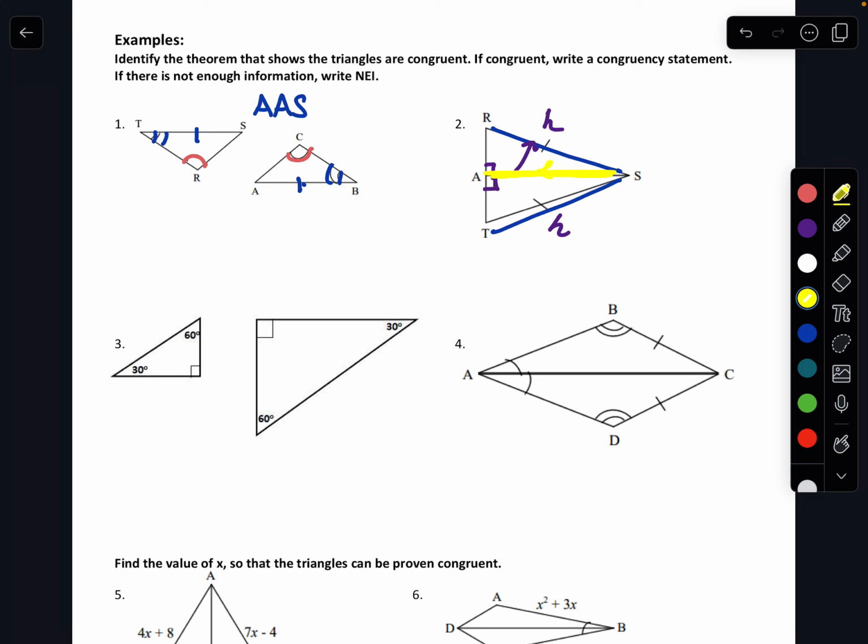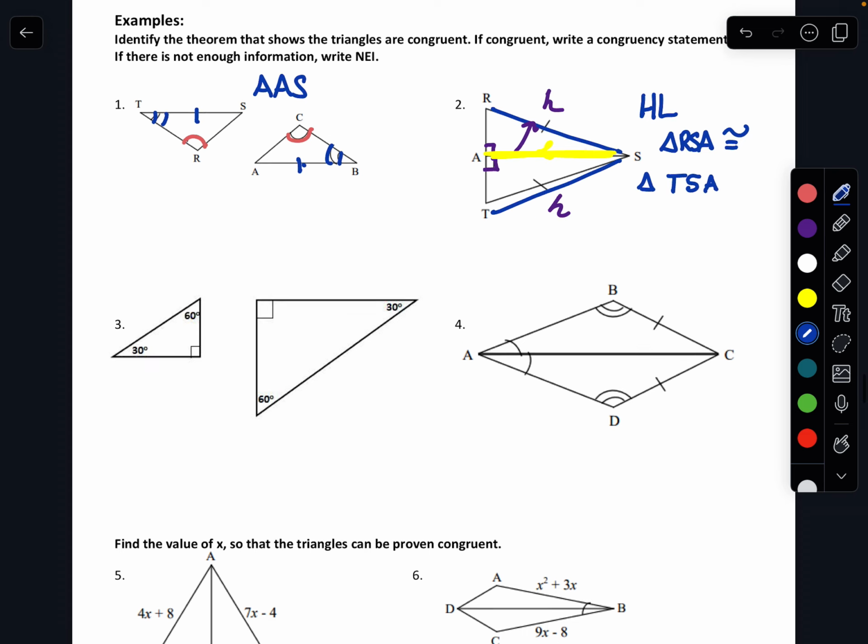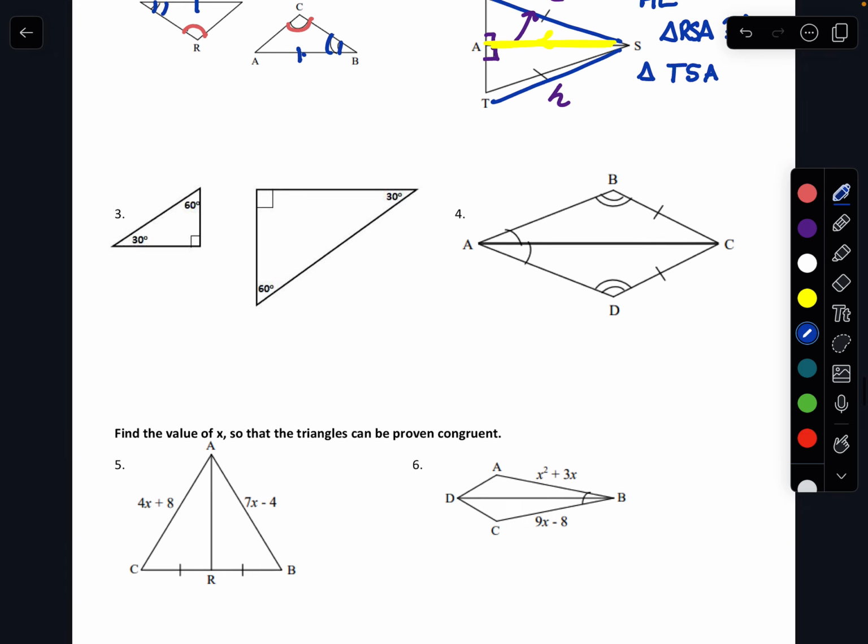So we've got legs that are congruent, so by the hypotenuse leg theorem, those are congruent. So we could say triangle RSA is congruent to triangle TSA by the hypotenuse leg theorem.